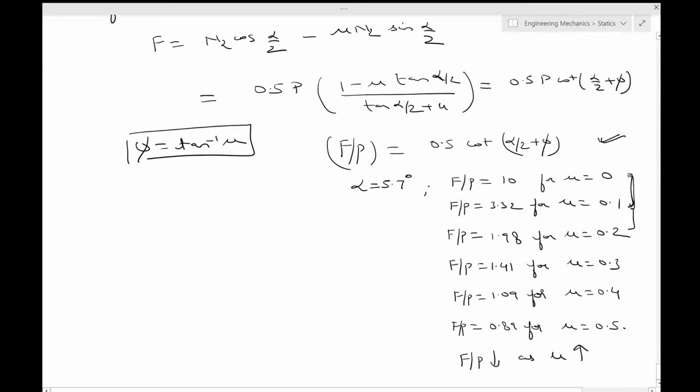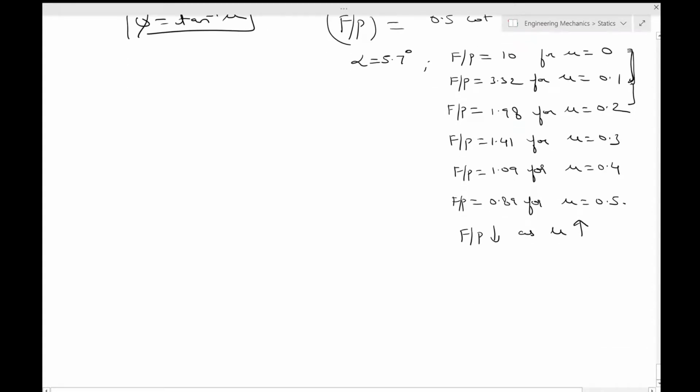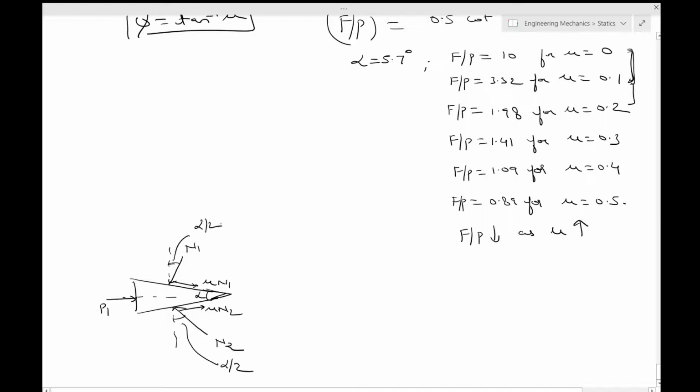Okay. Now similarly, let me draw the diagram first. Alpha by 2, alpha by 2.